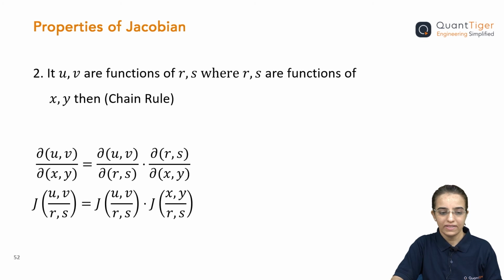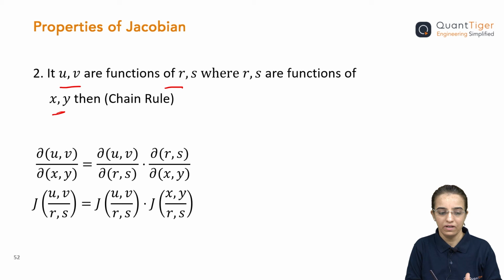Now, let us move on to the second property. If u and v are functions of r and s, and r and s are again functions of x and y, it is pretty similar to how we do it in partial differentiation, where we apply the chain rule, as in regular differentiation. So here u, v is a function of r, s, and r, s is a function of x, y, so we apply the chain rule.